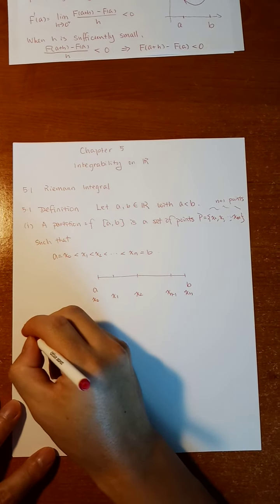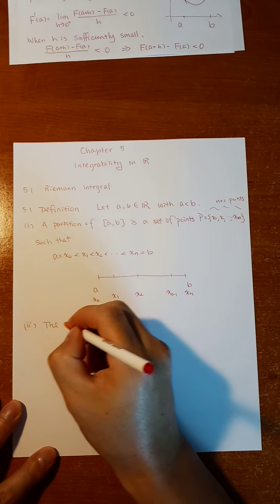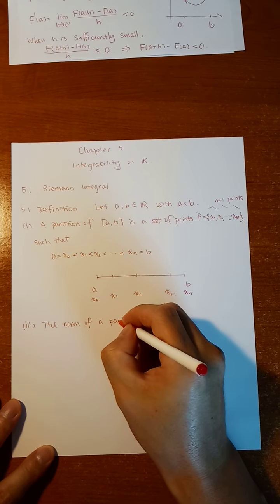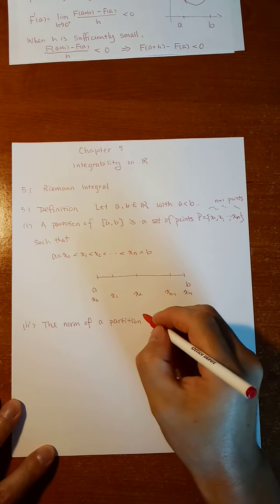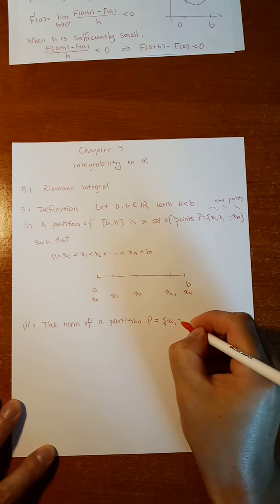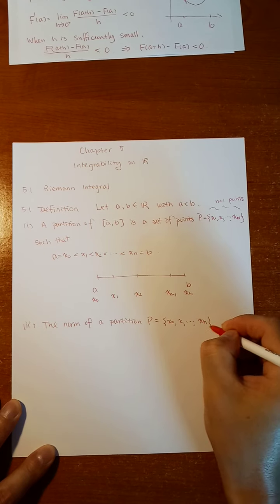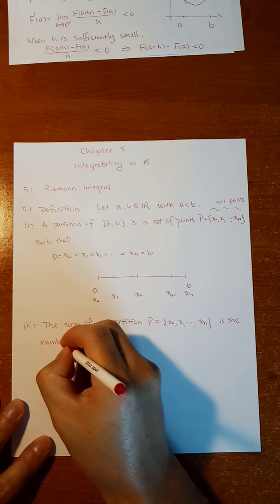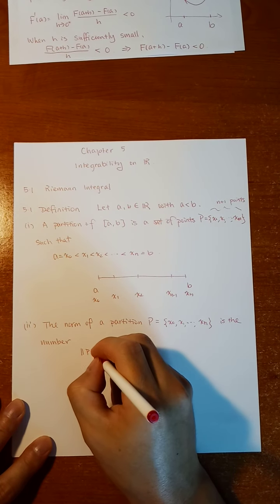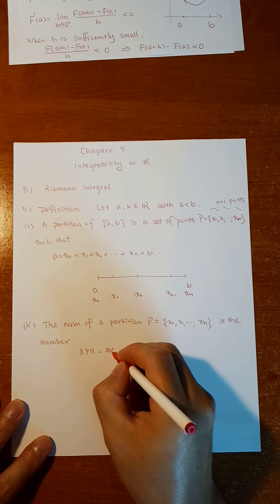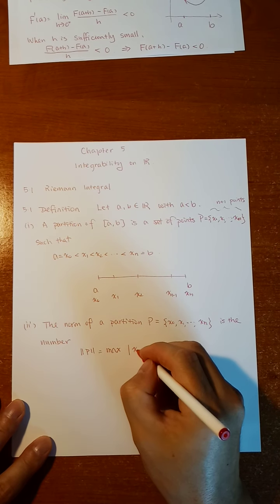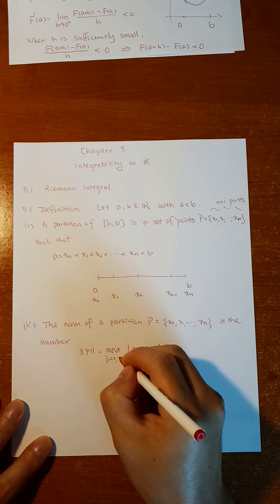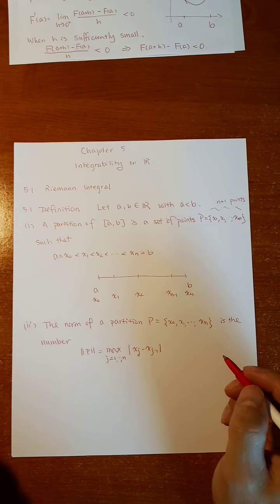And 2, the norm of a partition P equal to x0, x1, ..., xn. The norm is a number. We define norm of P equal to the maximum of the absolute value of xj minus xj minus 1, where j is from 1 to n. What is a norm?